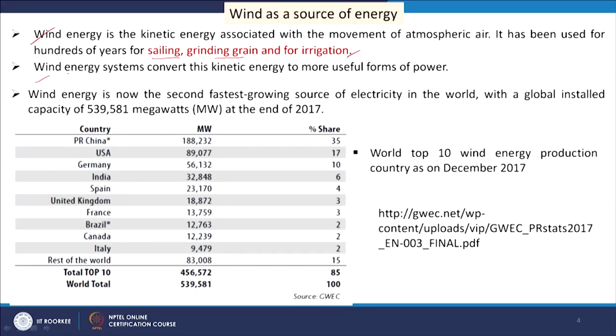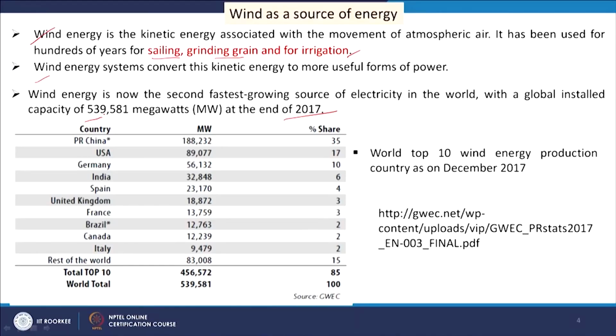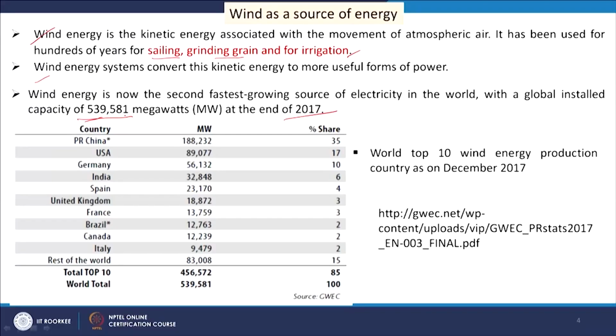Wind energy systems convert this kinetic energy into more useful forms of power. A 2017 report says that the world has 5,39,581 megawatt of wind energy production capacity, and that much electricity is produced in the world.